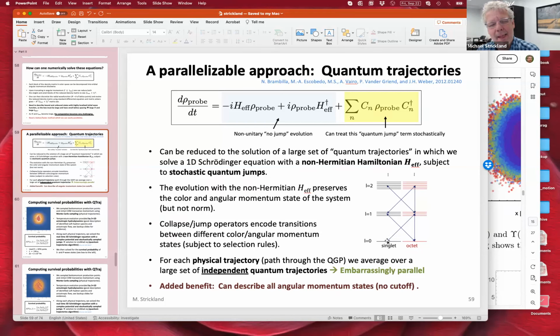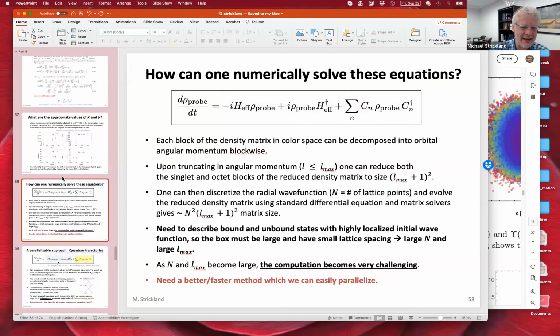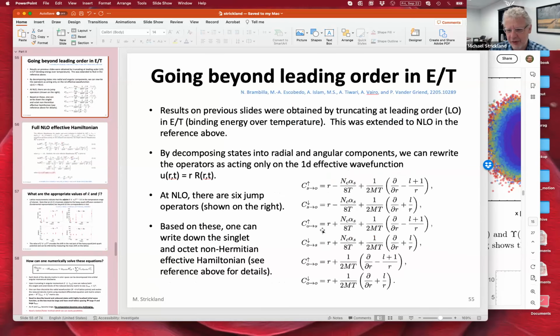And that will tell you the relative probabilities of repopulating these states. But what it doesn't tell you is why you would have more 1s than 2s, because 1s and 2s are both L equals 0 singlet states. And there, what matters is that each time you apply these jump operators, they modify the wave function.